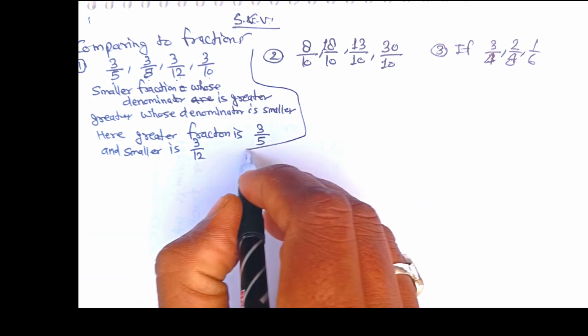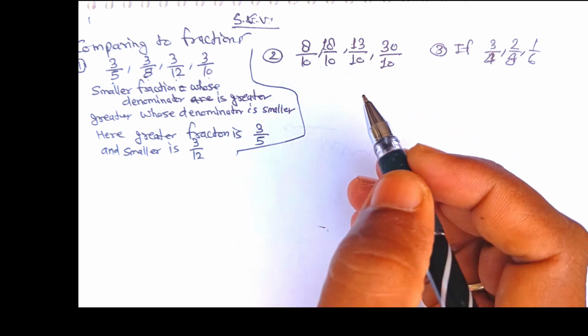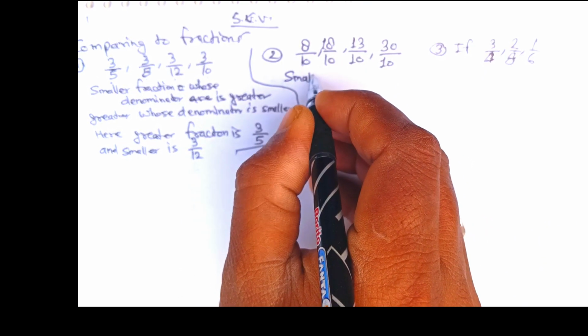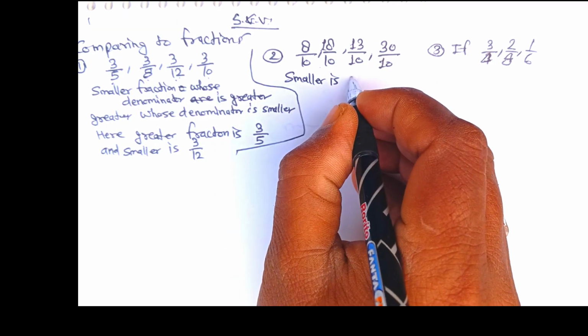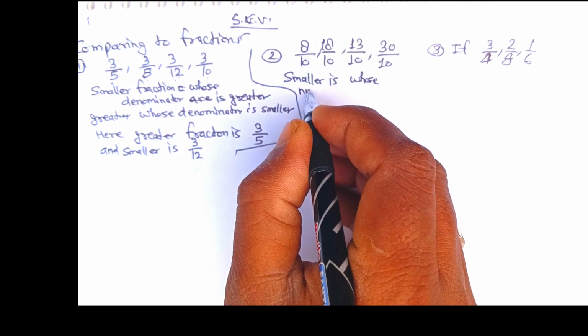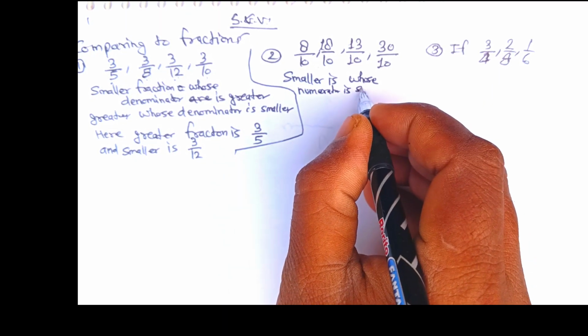If denominators are equal and numerators are unequal, smaller is whose numerator is smaller.